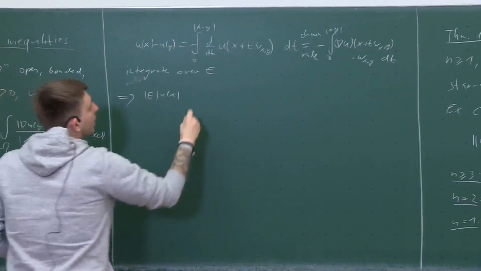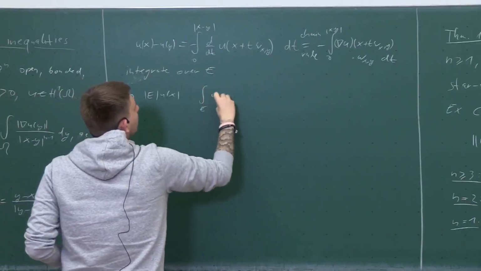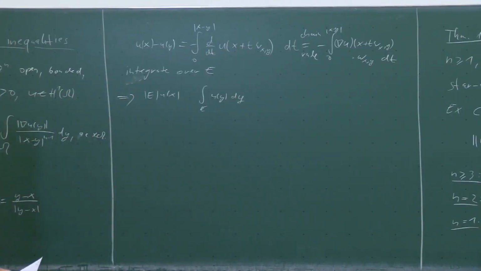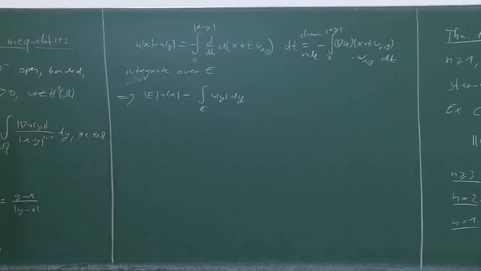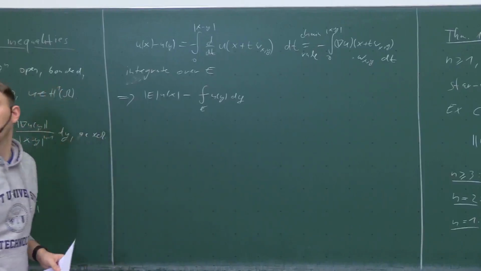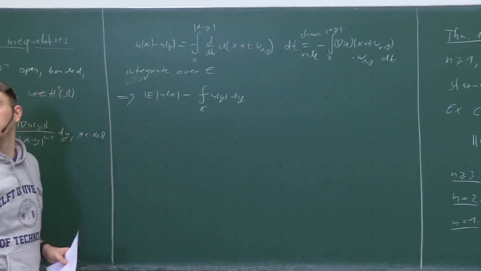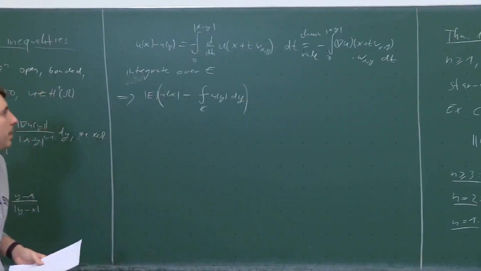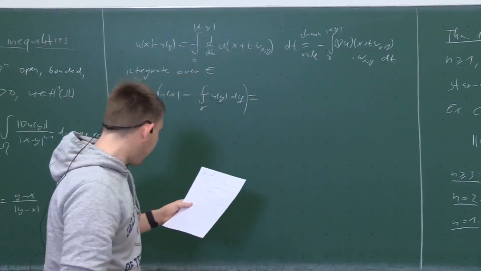But for this, I would normally get an integral over E of u(y) dy, but I will write it in some different shape. So I will also do some averaging operation here. To compensate for this, I have to multiply by the measure of E. So I just make some large brackets here. This is the left-hand side.